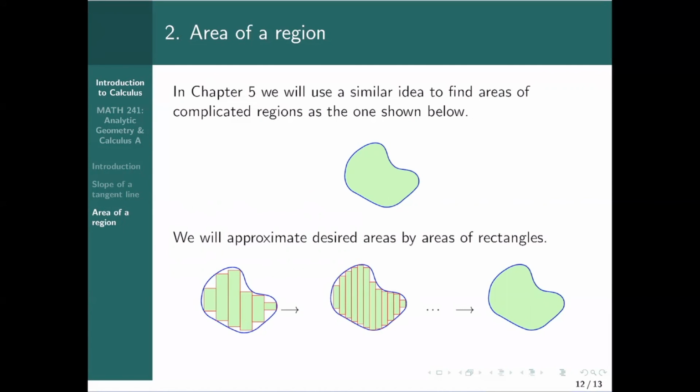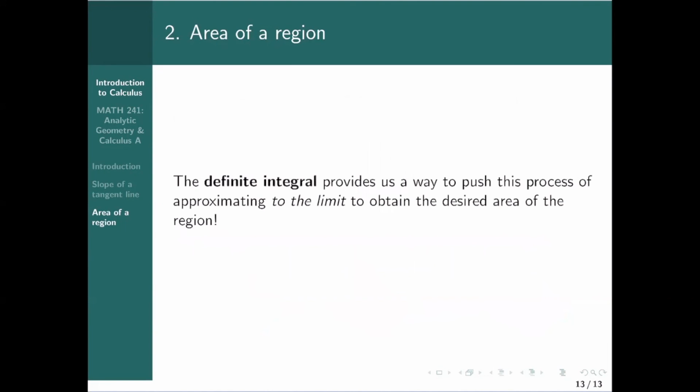The first picture at the bottom gives us a rough approximation to the area of this complicated region. But if we narrow the base of the rectangles, we are going to obtain better approximations, like we have in the second image, for example. And then once again, if we take this process to a limit, we get the area that we are looking for. And then we say that the definite integral provides us a way to push this process of approximating to the limit to obtain the desired area of the region.